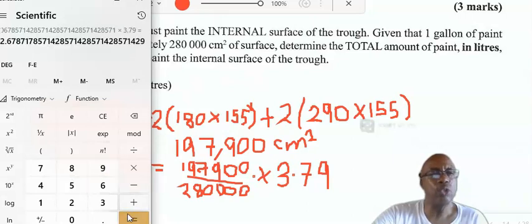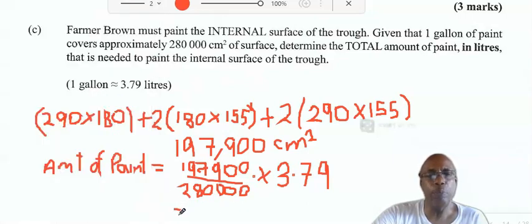And we get the answer as 2.678, etc. So we can leave the answer as simply 2.7 liters. And that is part C.